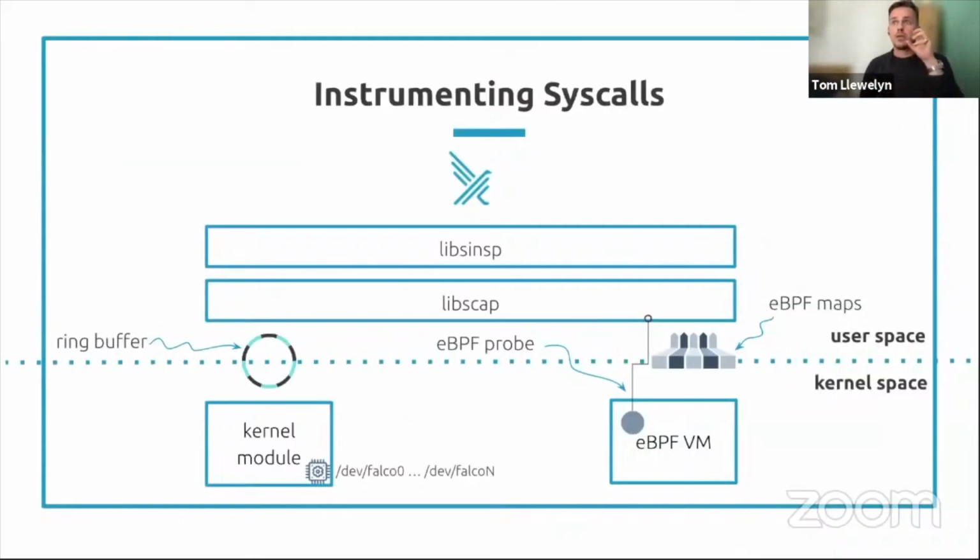And so one of the things that Falco is able to do is instrument at that kernel level. And it does this in two ways. You can either insert a kernel module, and we've open sourced this kernel module as well. So you can insert that into your kernel. That enables a ring buffer that exposes that system call stream into user space, which is then fed into Falco.